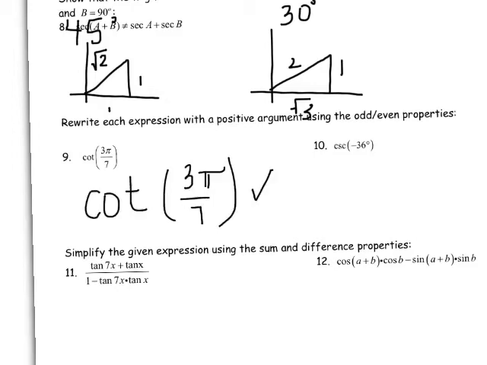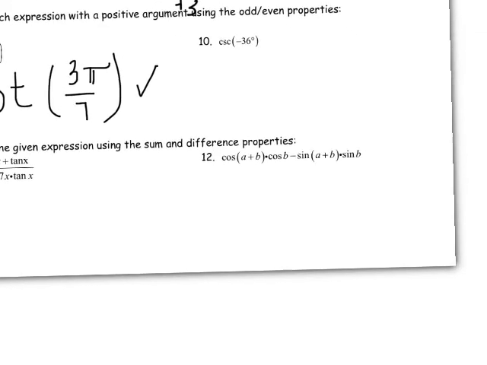All right, number 12. Cosine A plus B times cosine B minus sine A plus B times sine B. So this I can say is capital A. So I have capital A here.